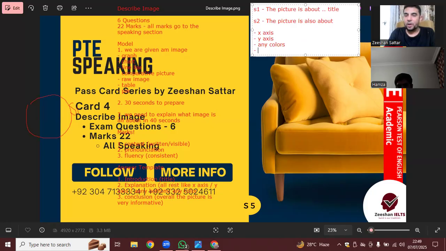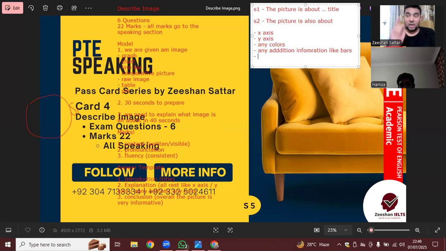Number 4, now cover any additional information like bars, and if there are values, good band students use the words minimum and maximum with the values as well.